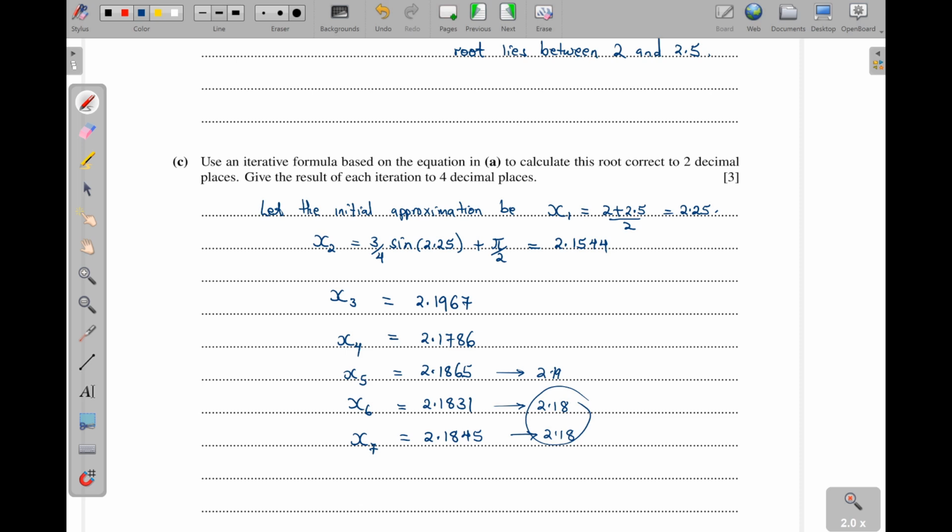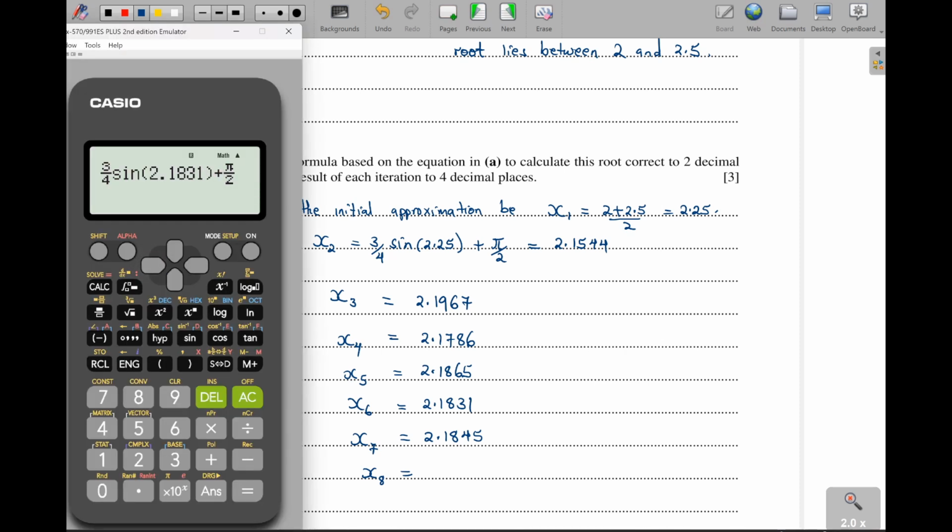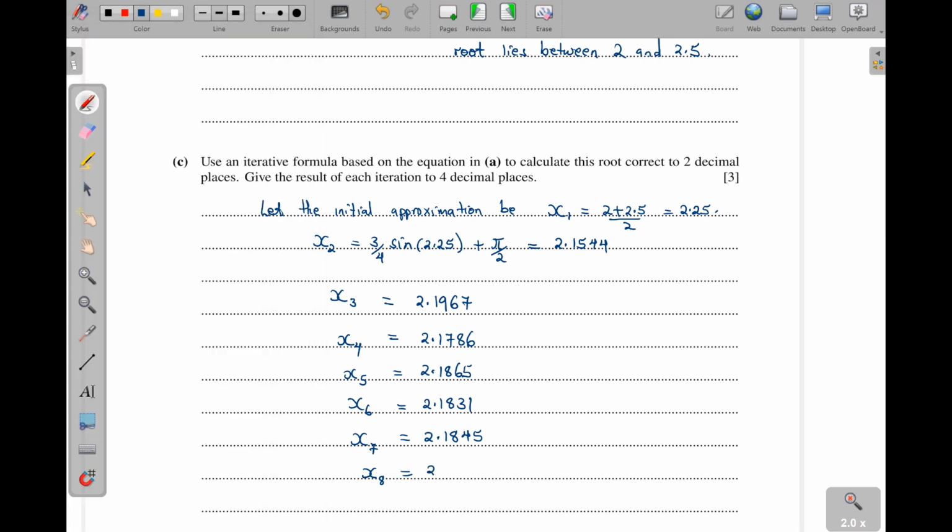So I need to do one more to give me the third one that confirms this value, because the next one could be giving you maybe 2.19. So the minimum number of iterations will be these 7. We are going to add on one more. So x8 here is going to be, using 2.1845, 2.1839.